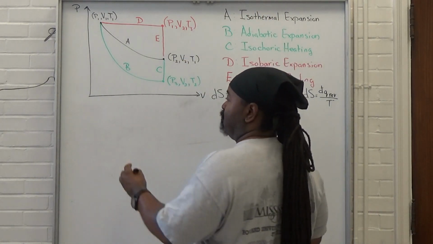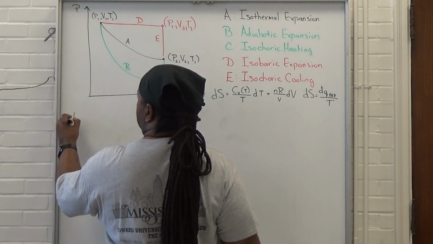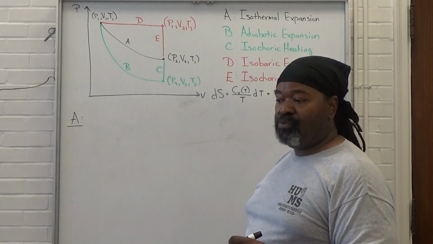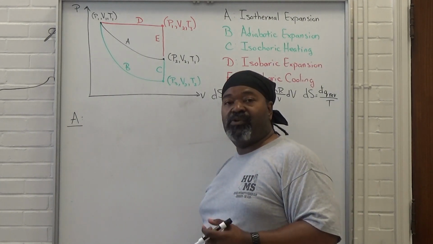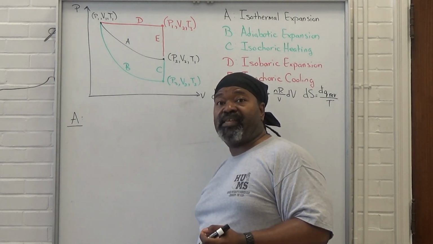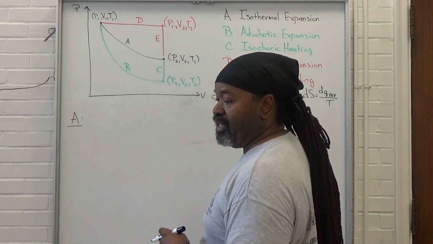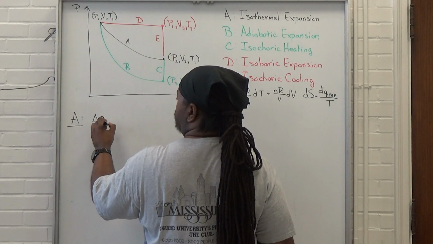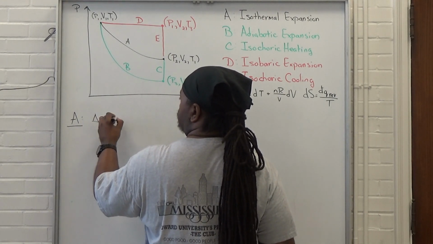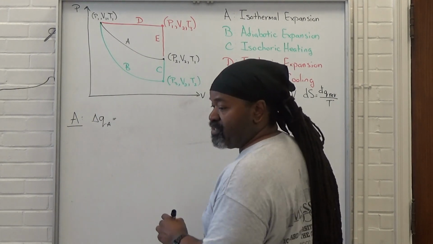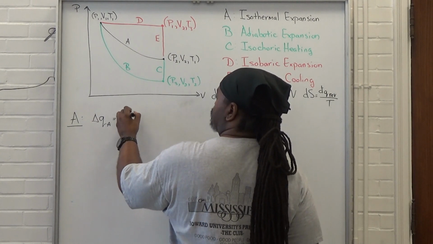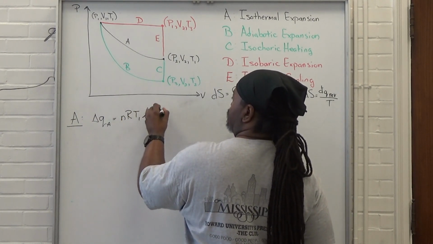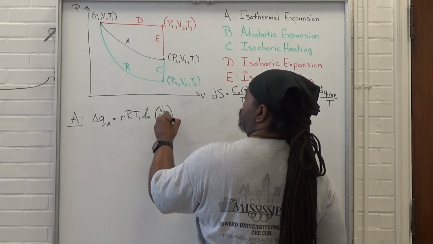Isothermal meaning that we don't get a change in temperature. For path A, we know what delta Q would be: nRT1 ln V2 over V1.